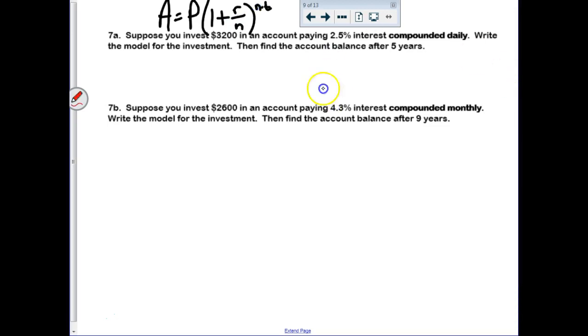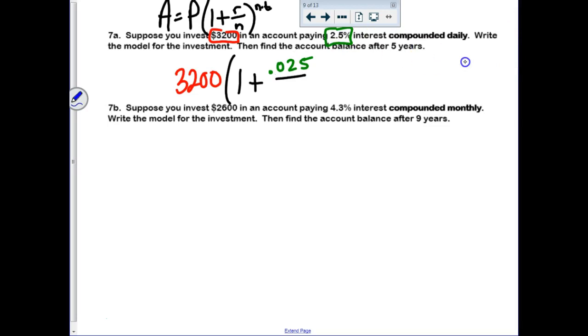So P, the initial amount, is the principal. That is $3,200. So we're going to start with $3,200 as the initial amount, and then open parenthesis, and then you have 1 plus the rate, which is 2.5%. So be careful, you got to write that as 0.025. Either divide it by 100 or move the decimal point over twice.